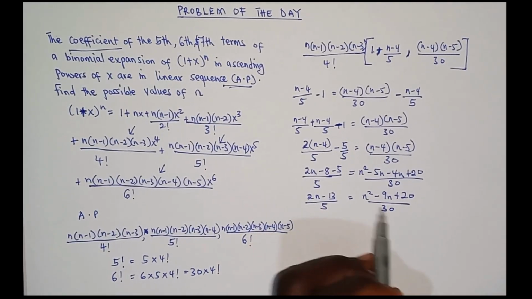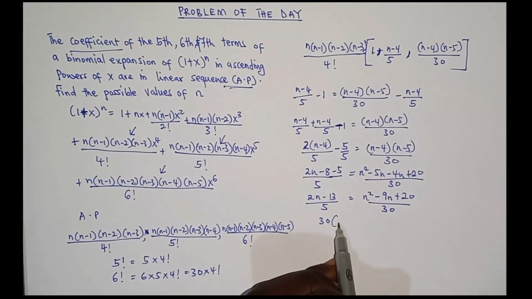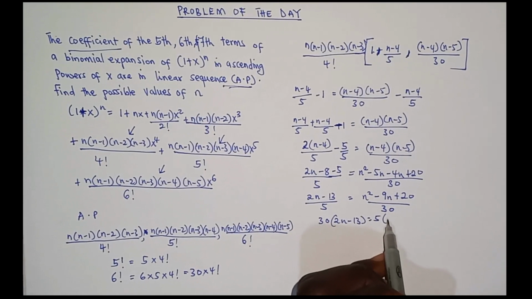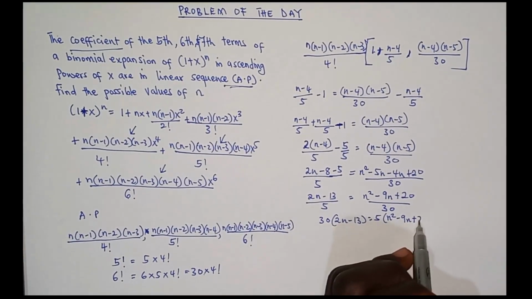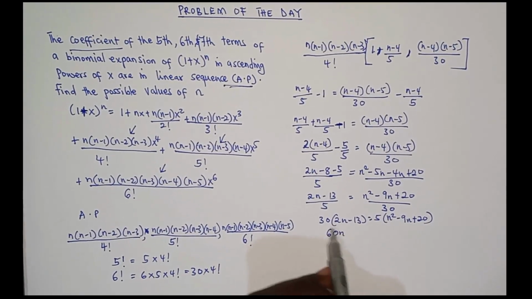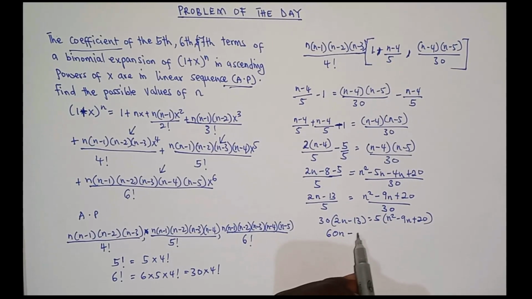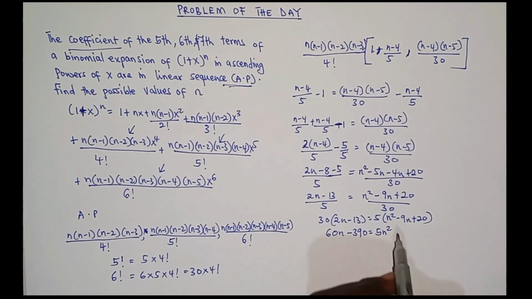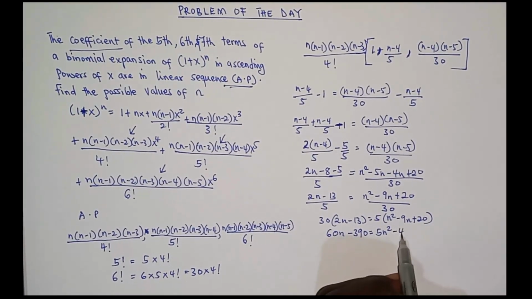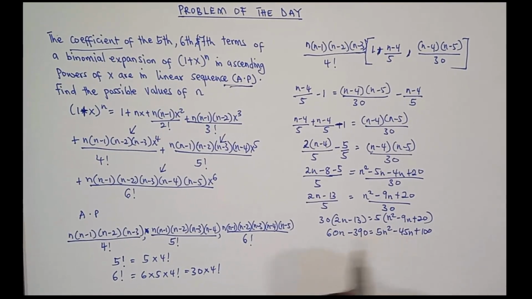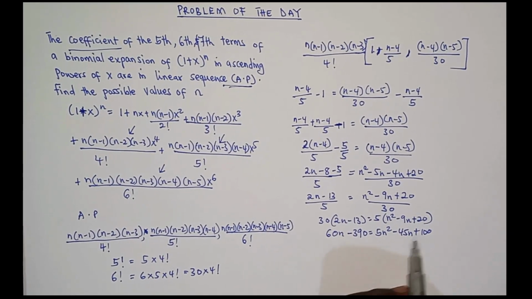At this point, you can cross multiply. So it becomes 30(2n − 13) = 5(n² − 9n + 20). So 30 times 2n is 60n, and 30 times minus 13 is minus 390. 5 times n squared is 5n squared, 5 times minus 9n is minus 45n, and 5 times 20 is plus 100. So let's group like terms by bringing all of these terms to the right hand side.